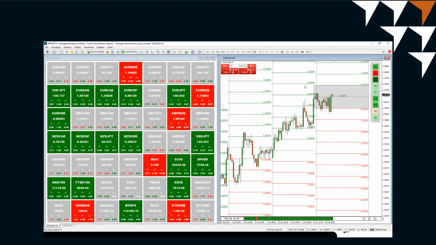And then when the entry setup presents itself, only then we open our trade and immediately place our stop loss and our take profit. And then from there, we can also decide whether or not we want to manage the position as it goes.